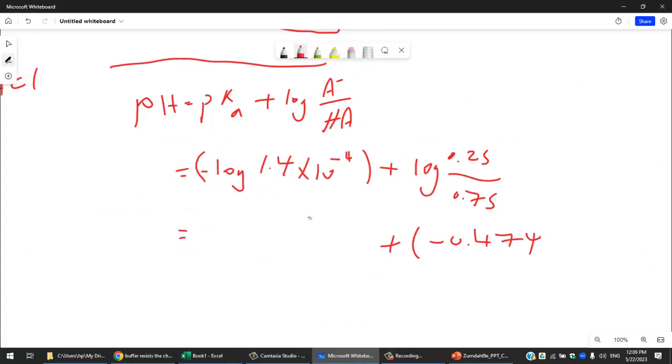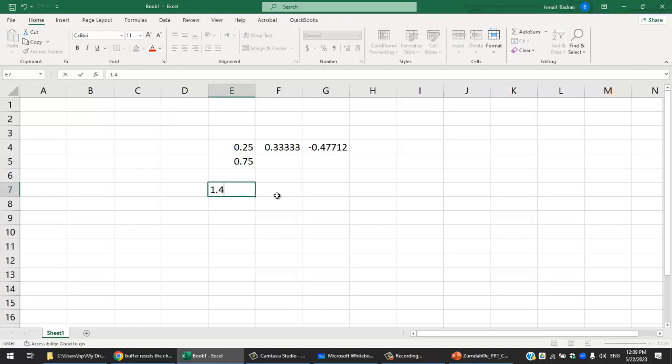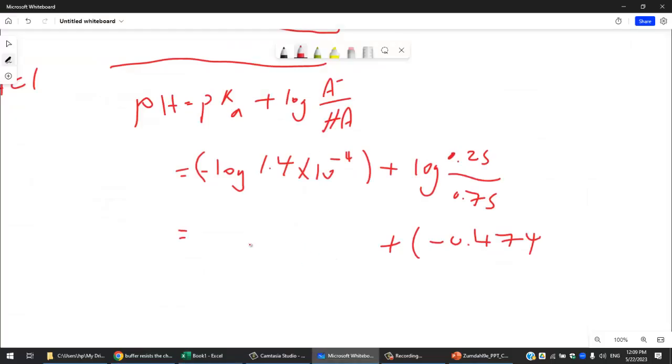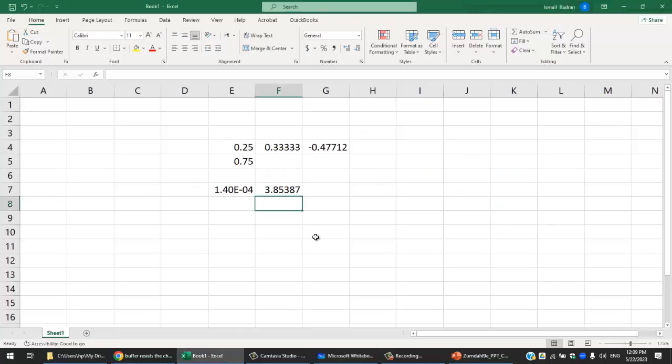Now minus log the Ka, I'm going to do that as well, 1.4E minus 4. So minus log, that means it's equal to minus log this number. Okay, and that would be 3.8. 3.8, let's be accurate here, 3.854.